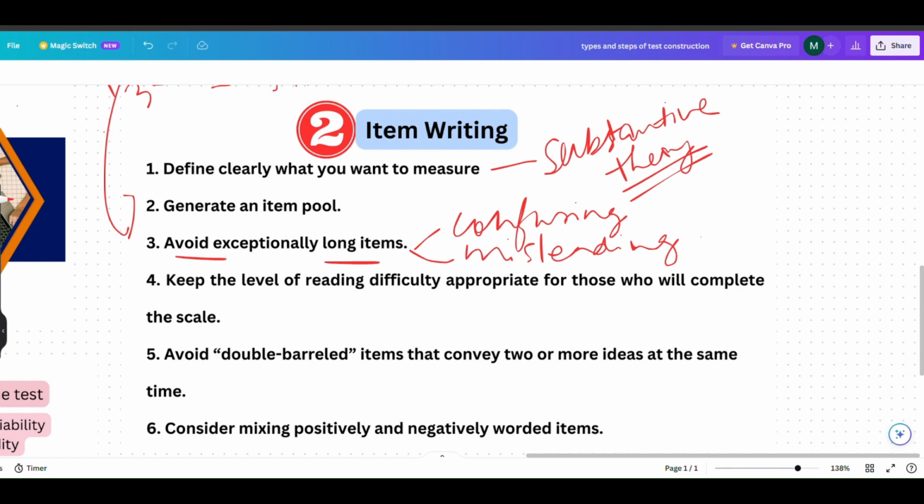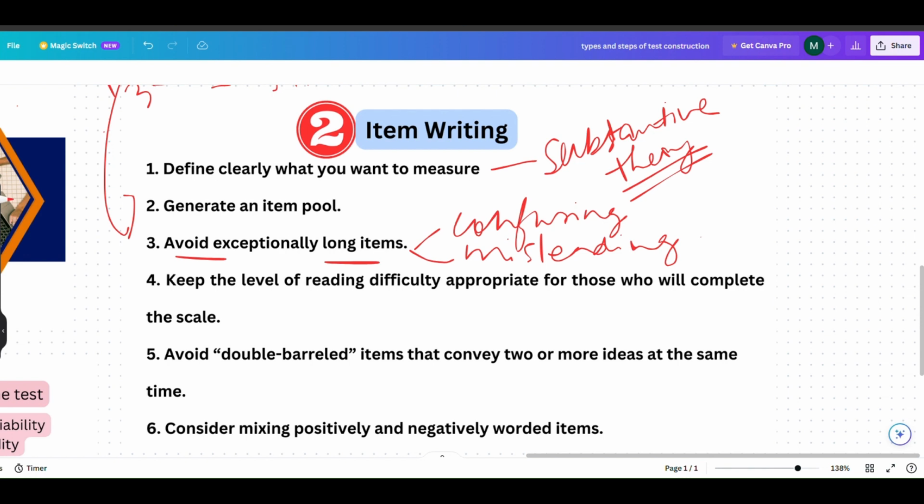Avoid double-barreled items that convey 2 or more ideas at the same time. For example, if we want the person to agree or disagree with an item, the measuring style is agreeing or disagreeing, and the item is, suppose, I vote Democratic because I support social programs. Now, it's known that Democrats do not support social programs.